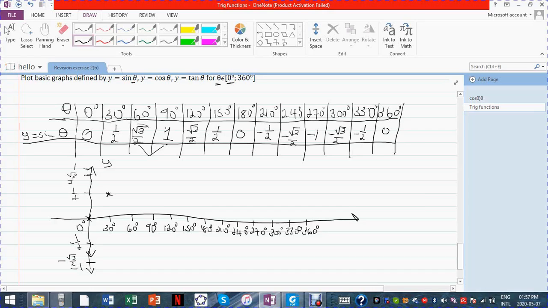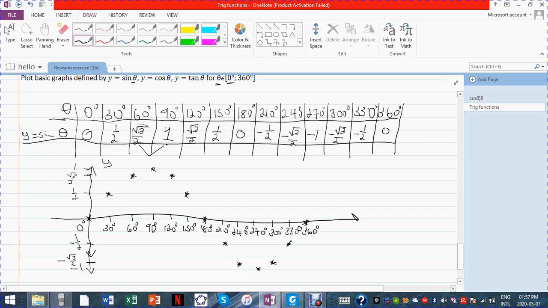So it matches with sine of 30, which gives us a half, so 30 goes with a half, and then 60 goes with √3/2, which is just slightly next to 1, and then 90 is exactly at 1, and then 120 is just next to 1, and then 150 is a half, 180 we get 0, 210 we get -1/2, there 240 -√3/2, 270 is -1, 300 is -√3/2, 330 is -1/2, and then 360 is 0.